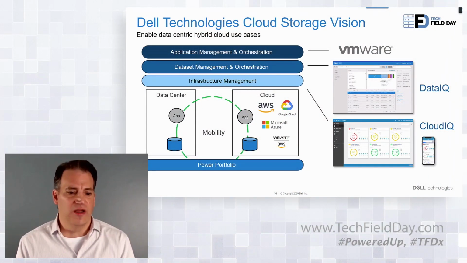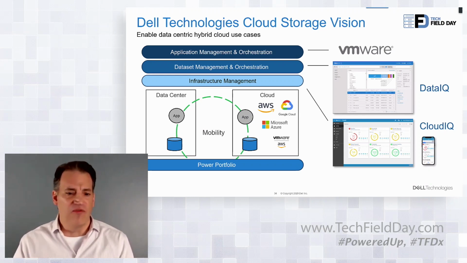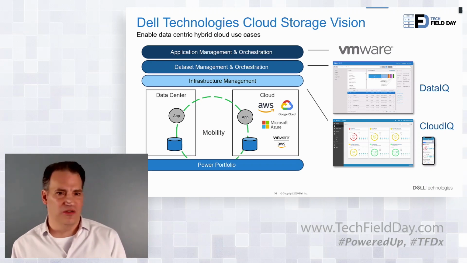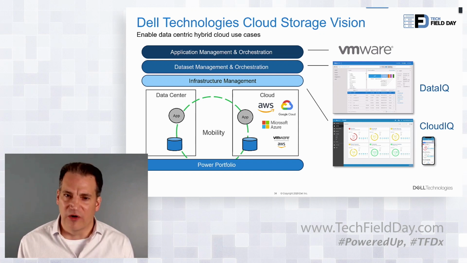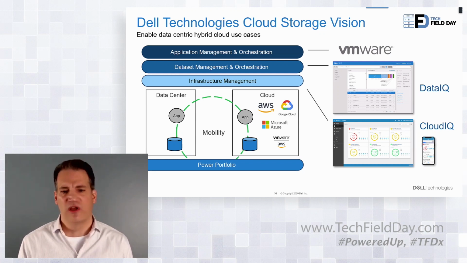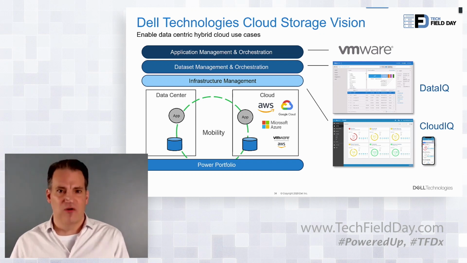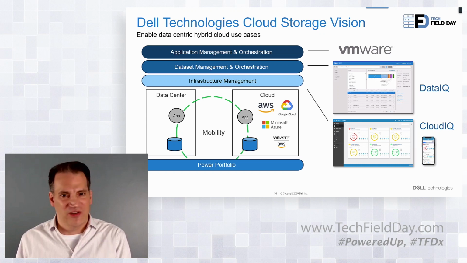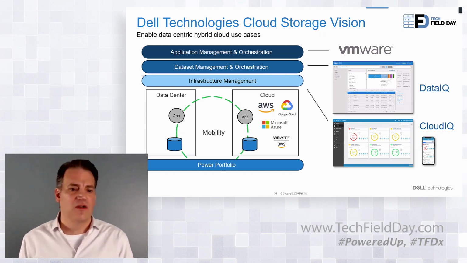So here we are, we're at the end. I'm taking you back to a version of that graphic you saw at the top. Hopefully as we walked through this, the pieces started to come together for you, where through the Power portfolio, we're enabling our customers and their workloads to take advantage of the public cloud and their compute and still get the same level of performance and enterprise class features directly from the storage layer.